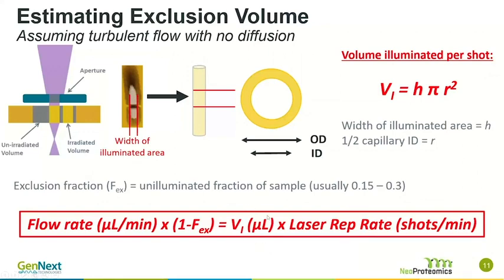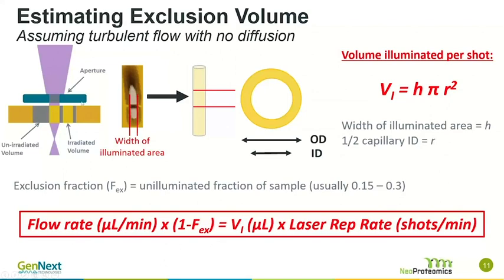So what volume am I illuminating for each shot versus how many shots am I taking in a minute? Based on the exclusion fraction that you want and the volume illuminated per shot that you have, you can adjust either your laser repetition rate or your flow rate to get that exclusion volume that you want.